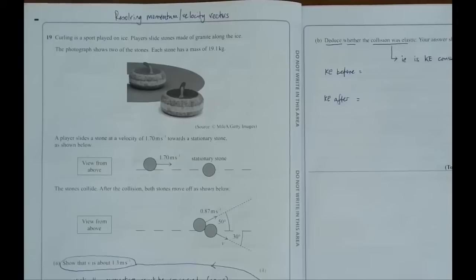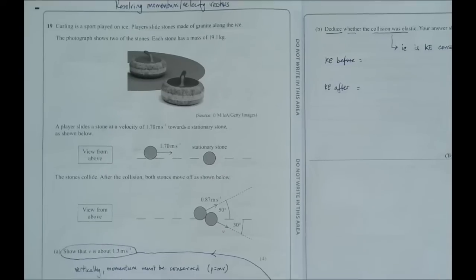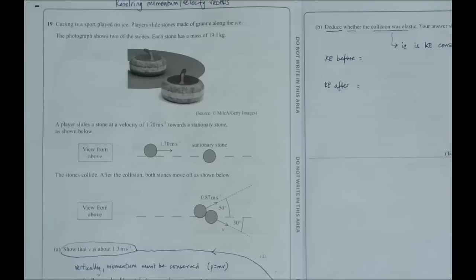After the collision, one stone goes off at 50 degrees, and they're giving you the new velocity, which is obviously lower because it loses some of its momentum to the stationary stone. That stone moves off at an angle of 30 degrees with an unknown velocity v. They want us to show that the unknown velocity v is about 1.3 meters per second.